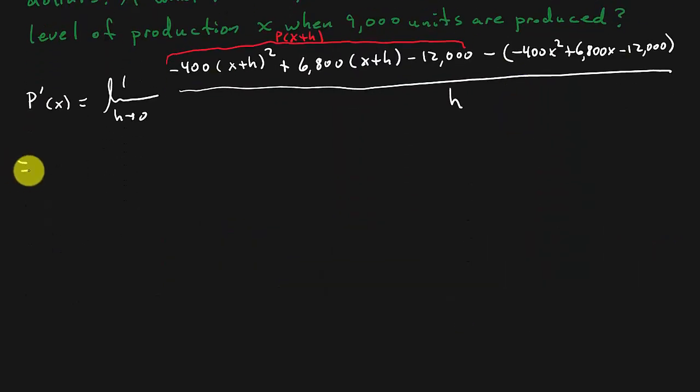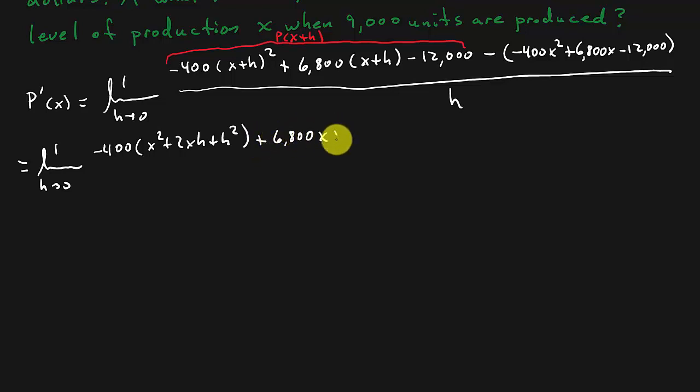And so now this is going to be the limit as h goes to 0 of negative 400 times x squared plus 2xh plus h squared. I just folded that out. Remember that's x plus h times x plus h. And that's going to be plus 6,800x plus 6,800h minus 12,000.